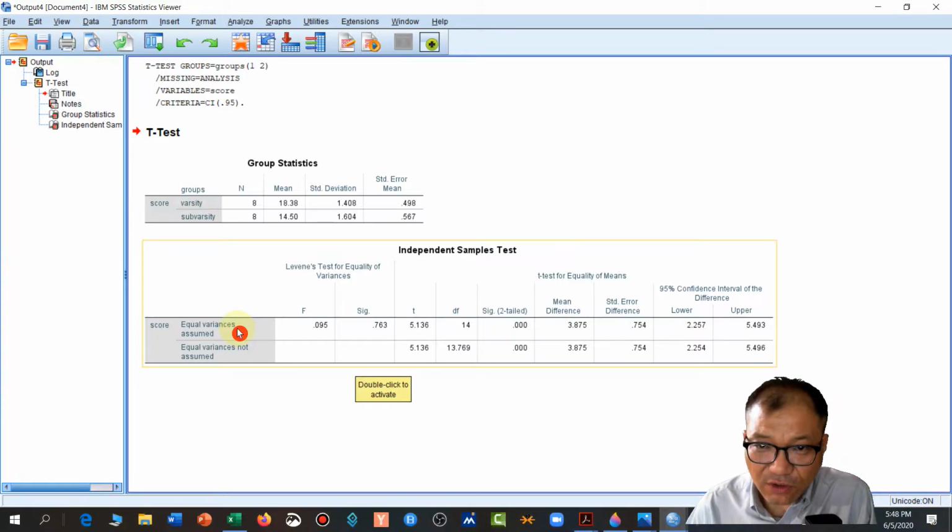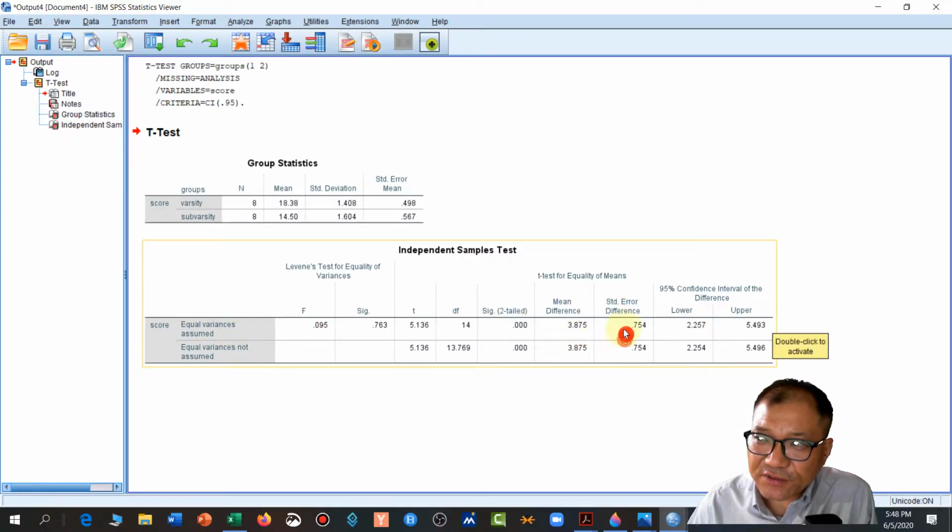Right here, if this significance level is greater than 0.05, in this case 0.76, this is way bigger than what we usually set at 0.05. That means they are not violating equal variances, so you just read the top part.